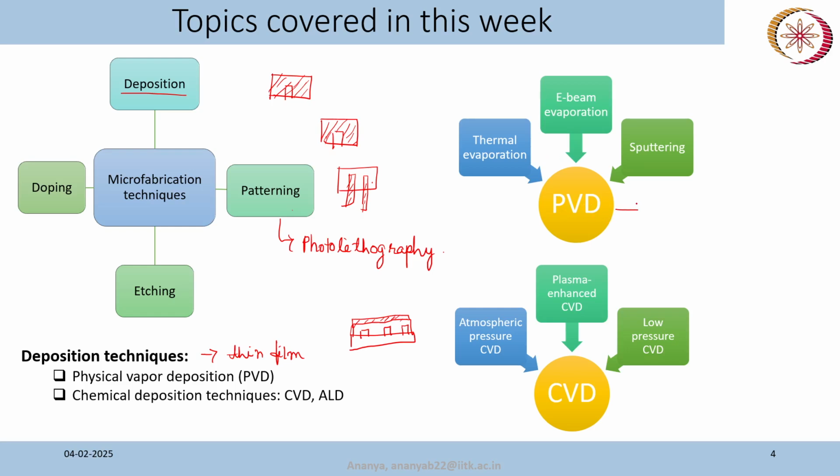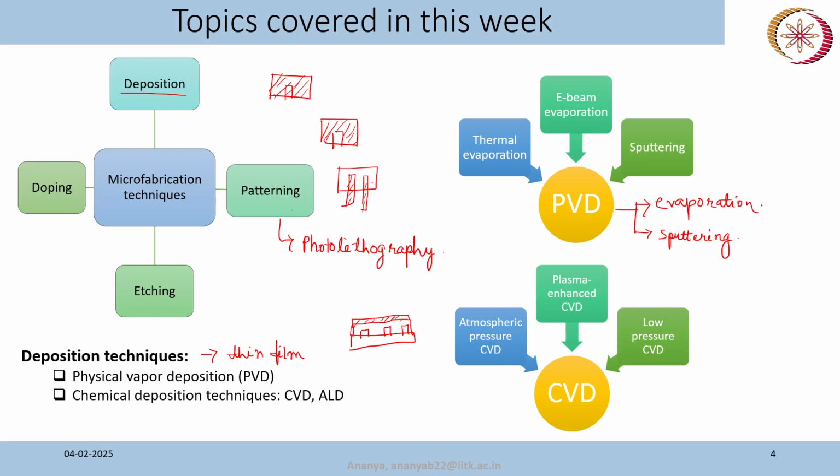PVDs we can basically categorize as evaporation and sputtering. So what is evaporation? We evaporate the material of our choice, and then that evaporated material will make a film on the substrate.